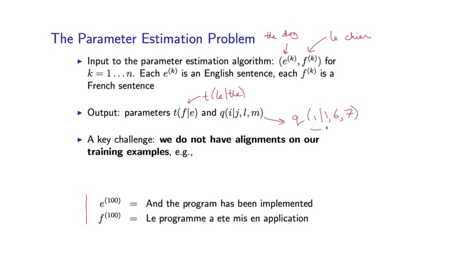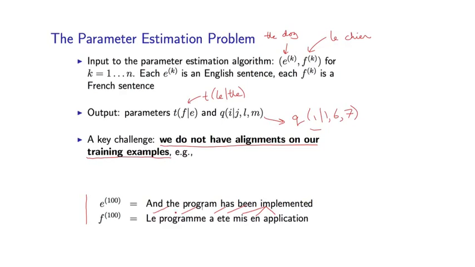Now, a key challenge in this problem is that we are assuming that we do not have alignments on our training examples. In an ideal situation, somebody would have annotated these alignments, so these alignments would have been present in our training examples. But that's really an unrealistic assumption.